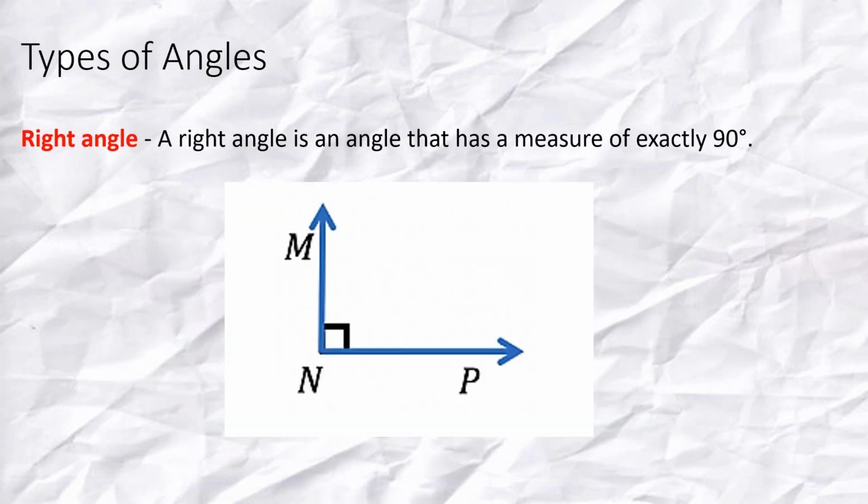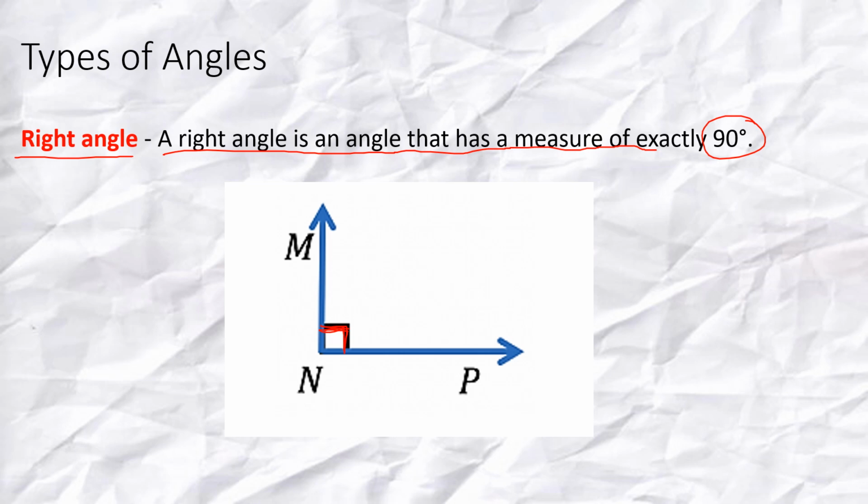There are different types of angles. The first type of angle is called a right angle. A right angle is an angle that has a measurement of exactly 90 degrees. As you can see here, we have angle MNP, or angle PNM, or angle N. The two rays of this angle form an L shape, a letter L. And there is a small square here that indicates that this angle is a right angle.